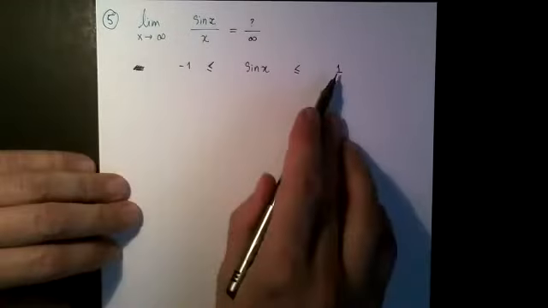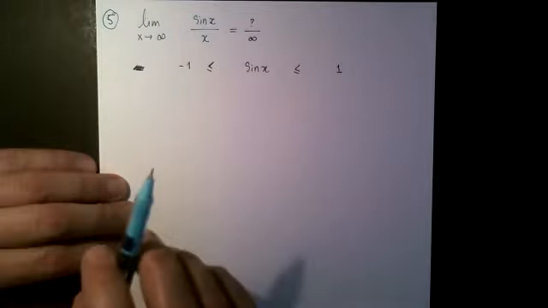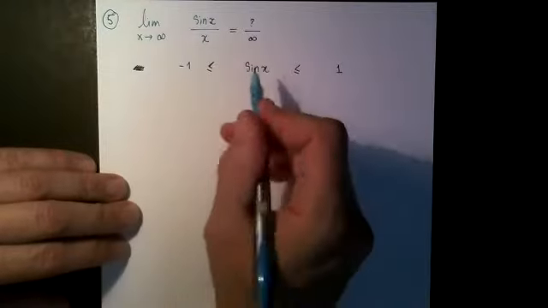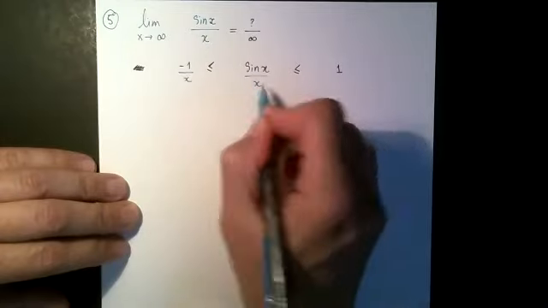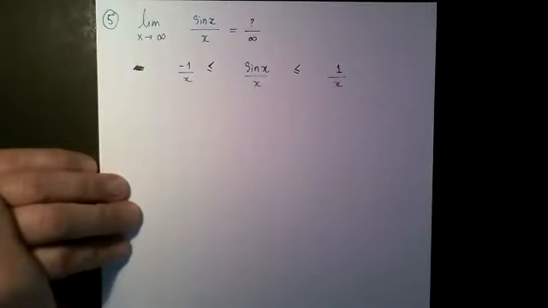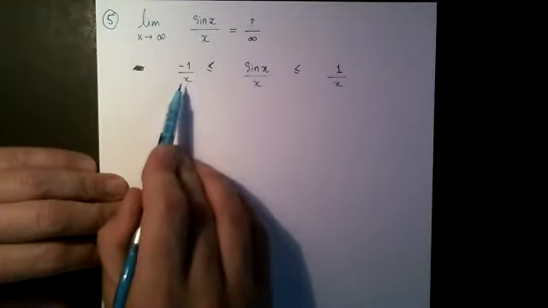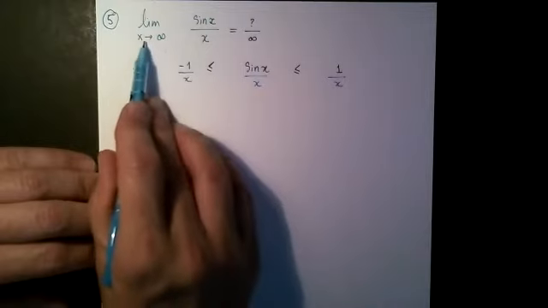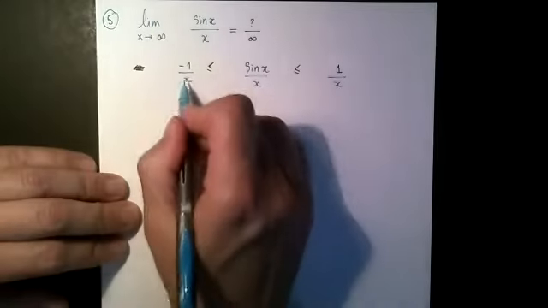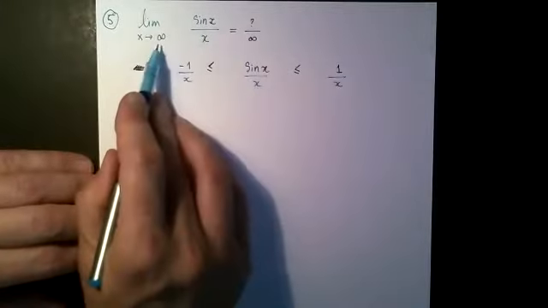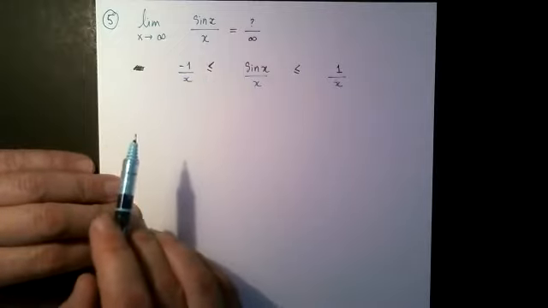The sine could never exceed 1 and could never be less than -1. Now what I'm going to do is divide every side by x. I don't need to change the direction of the inequality because x is approaching plus infinity. I'm assuming x is a very big number, so it's positive, and I don't need to be concerned about changing the signs here.